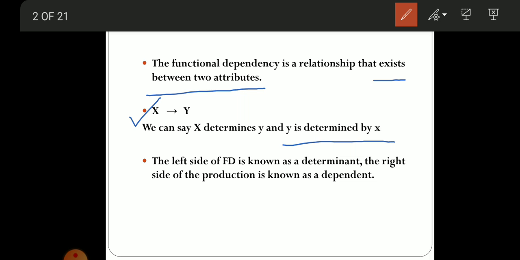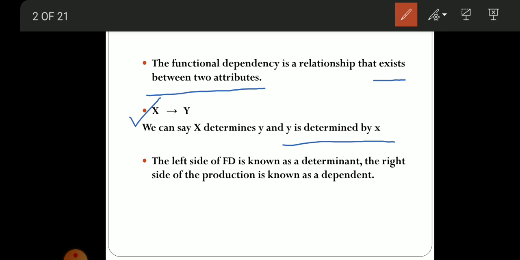Some of the students used to confuse that if you talk about the value of Y, it means we are talking about the computation of Y. Means we have X and we have to compute, calculate the value of Y. No, that is not the case. Here we have to only search, right?